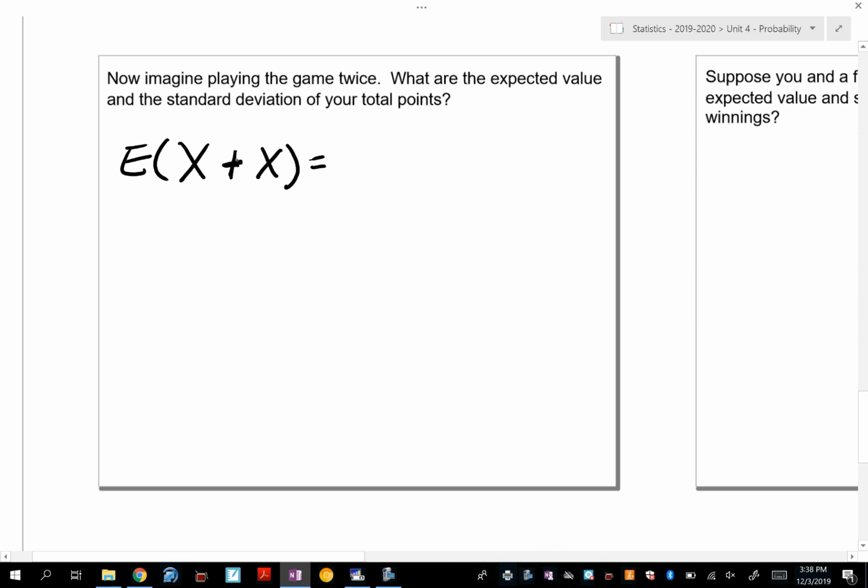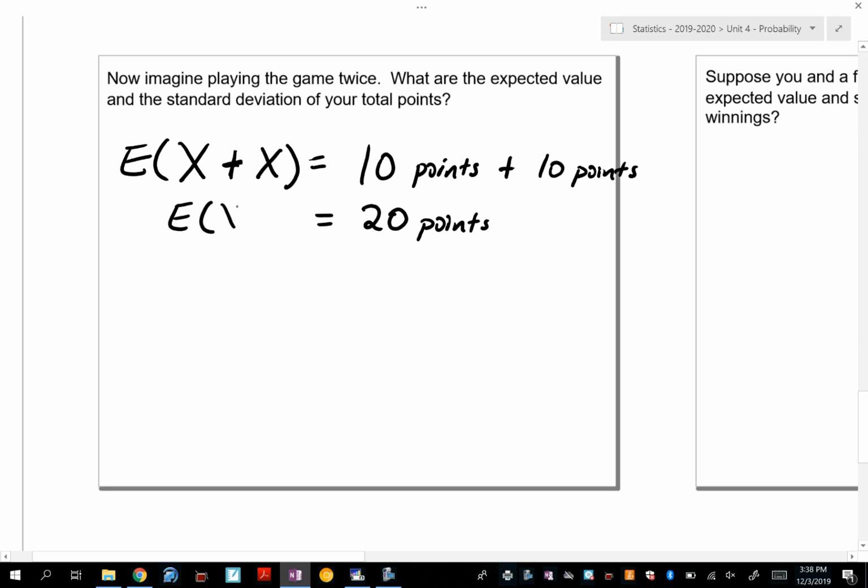Now here's something cool about this. When you add random variables like this, because that's what we're doing, we're adding these 2 random variables, you can just add the means. So we're going to take 10 points and add another 10 points to get 20 points.